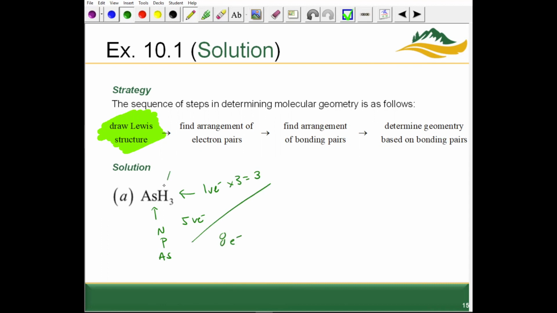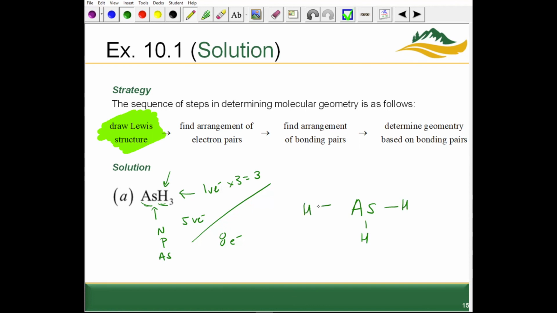We know hydrogen cannot be in the middle, so it has to be on the outer ends of the molecule. So for this molecule, which is also a compound because it's composed of 2 or more unique elements, arsenic and hydrogen, we're going to put hydrogens around arsenic like this.